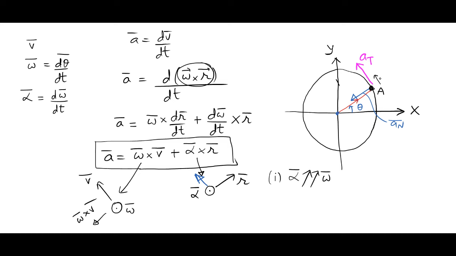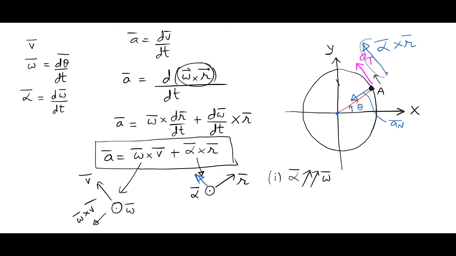And if you go back to the picture on the right hand side, you see that alpha bar cross r bar in this case is in the forward tangential direction, just as omega bar cross v bar was in the radially inward direction.